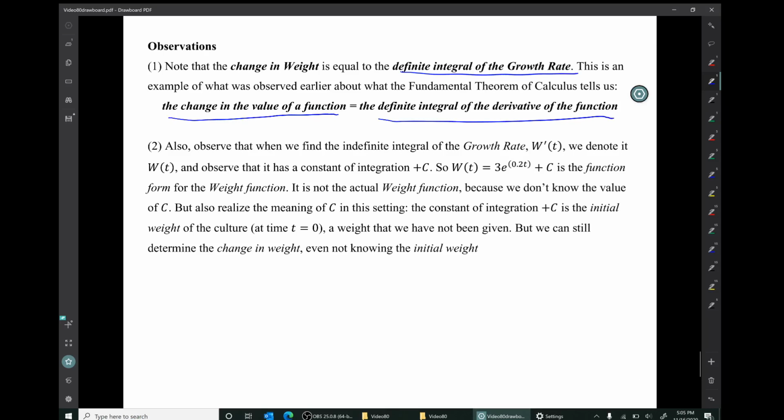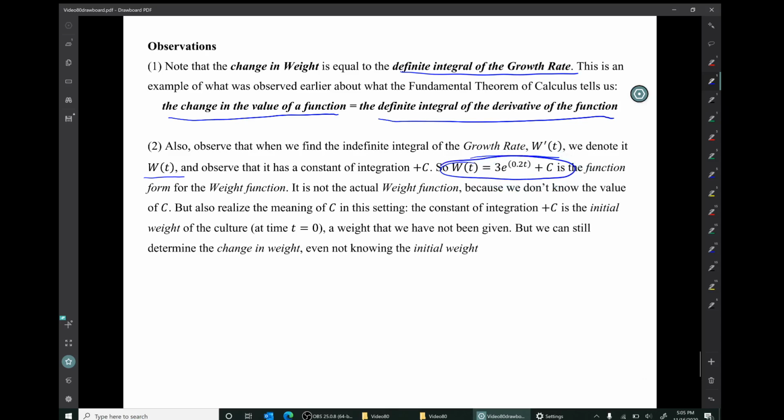Also, observe that when we find the indefinite integral of the growth rate, capital W prime, we denote that result capital W, and note that that has a constant of integration. So W of t is this function form.